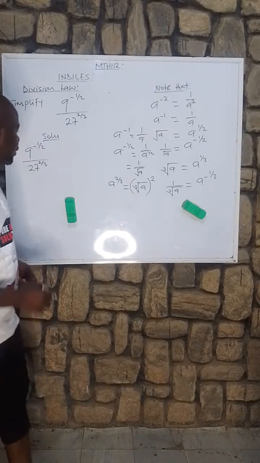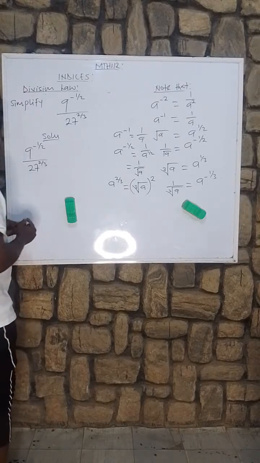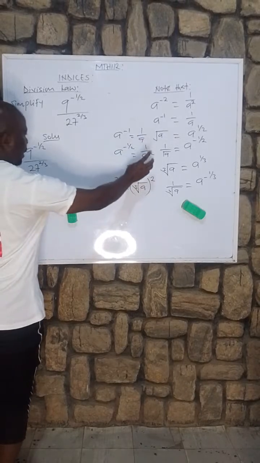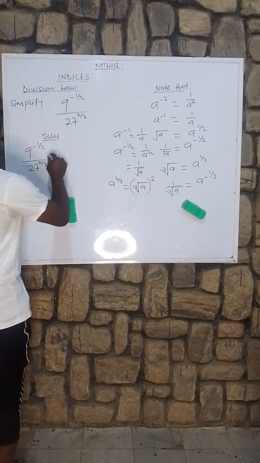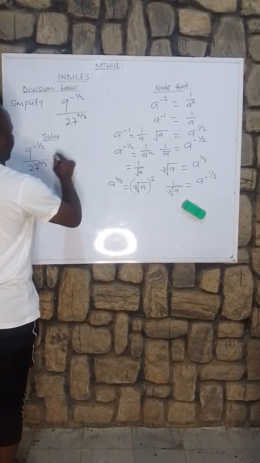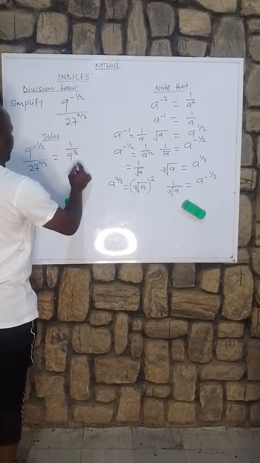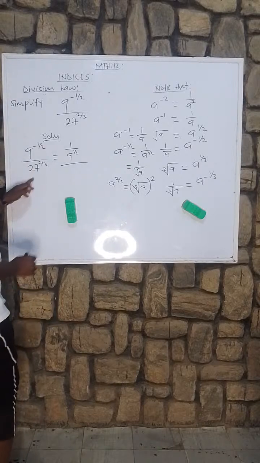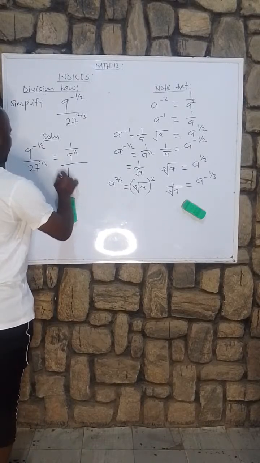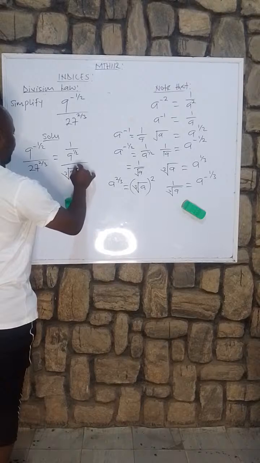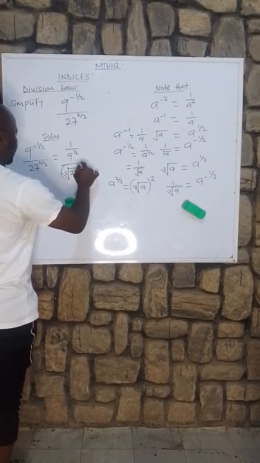Can you see? So let us simplify the numerator first. Apply this procedure. It means here will now be 1 all over 9 raised to the power of 1 all over 2, then all over, here will now be the cube root of 27 in bracket, raised to the power 2.